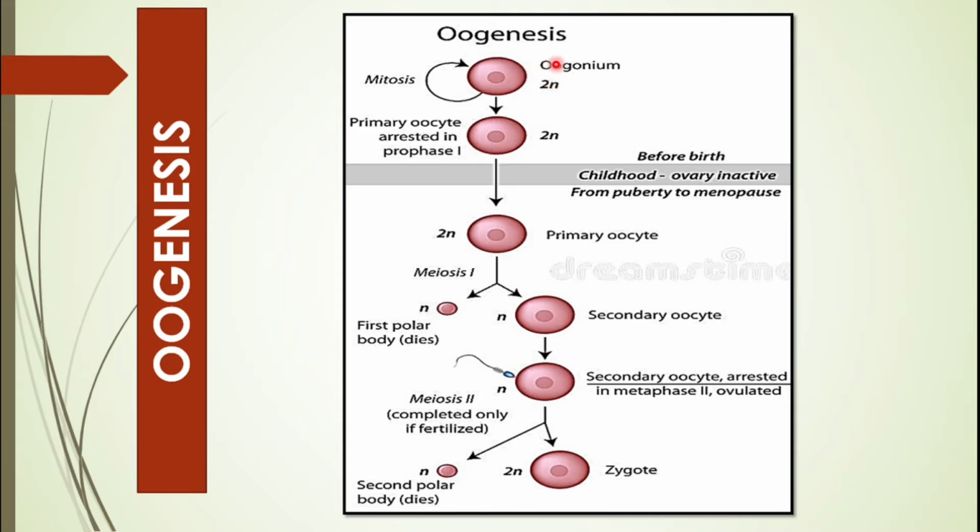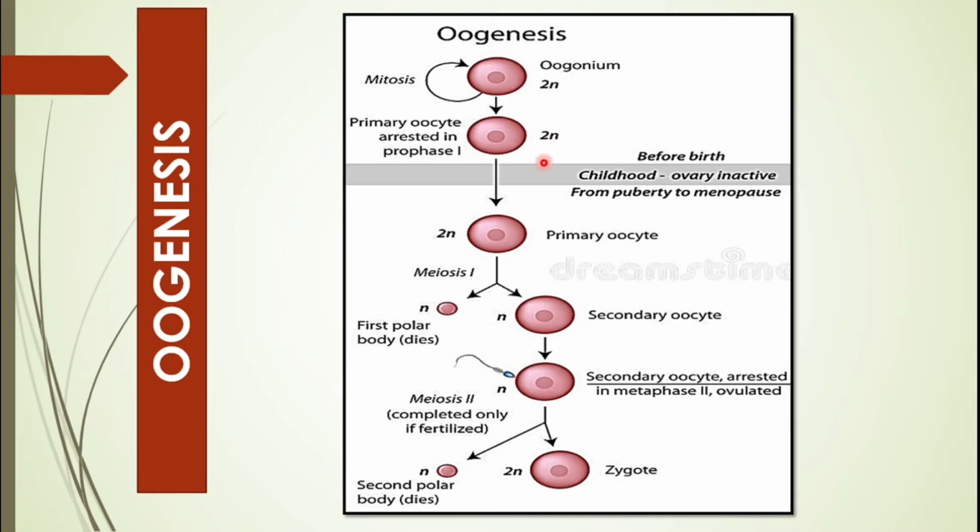So that phase is called the multiplicative phase. And during that phase, we have 1.2 to 1.6 lakh ovarian follicles developing within each ovary. Then the second phase is called the growth phase.